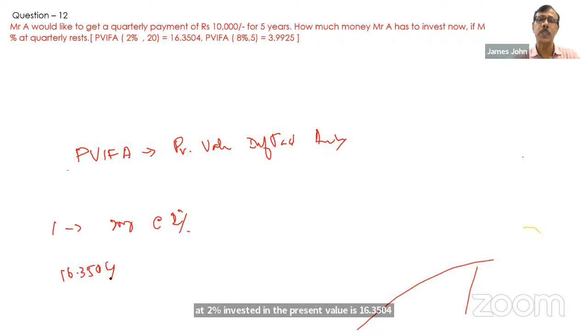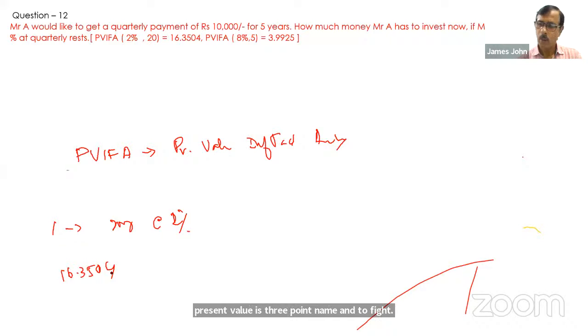A person getting 1 rupee for the next 20 periods at 2%, its present value is 16.3504. And PVIFA 8% 5 means if the rate of interest is 8% and a person is getting 1 rupee for the next 5 years, the present value is 3.9925.